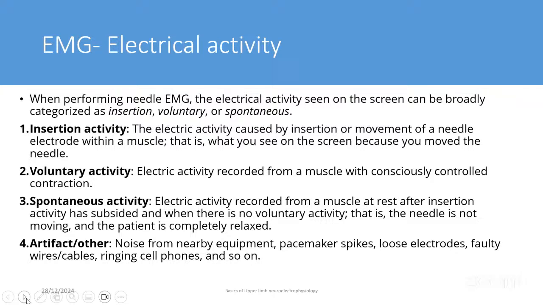Electric activity recorded from a muscle with consciously controlled contraction is voluntary activity. In contrast, spontaneous activity is the electric activity recorded from a muscle at rest after the insertional activity has subsided and when there is no voluntary activity. The individual should be asked to totally relax. There should be no activity at all.